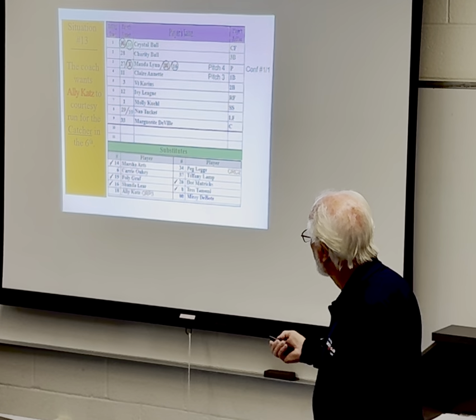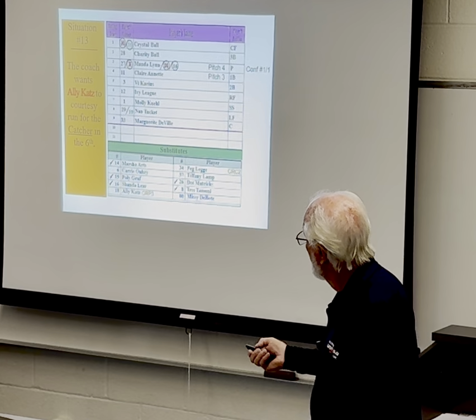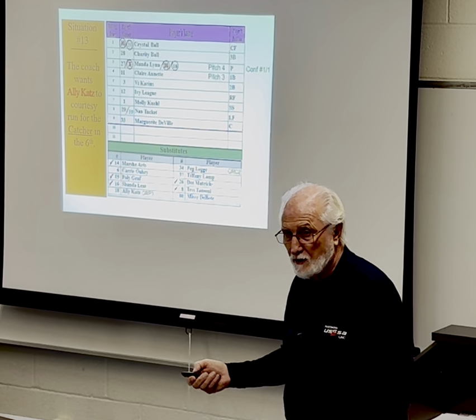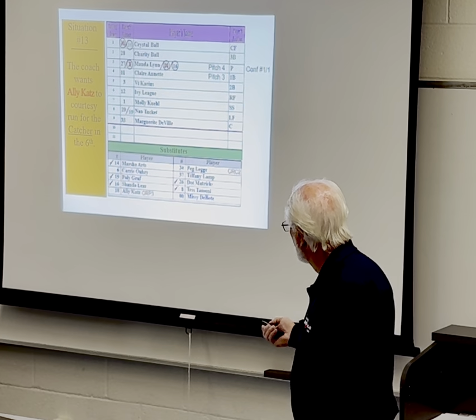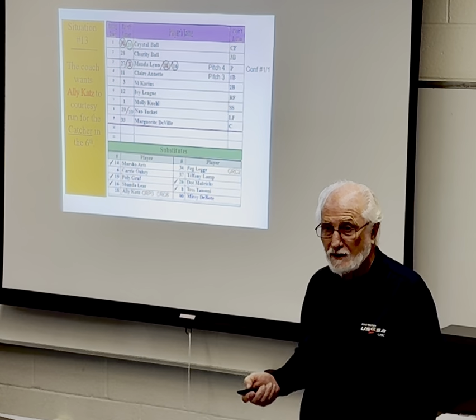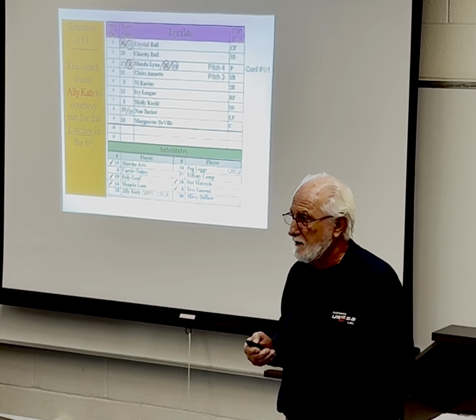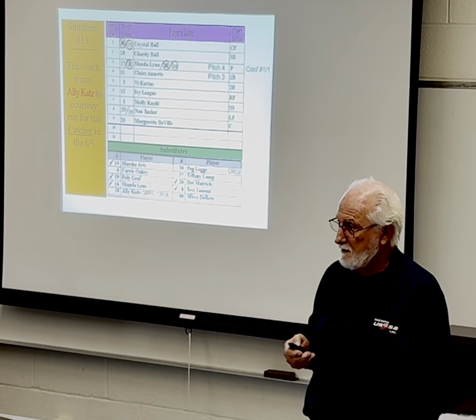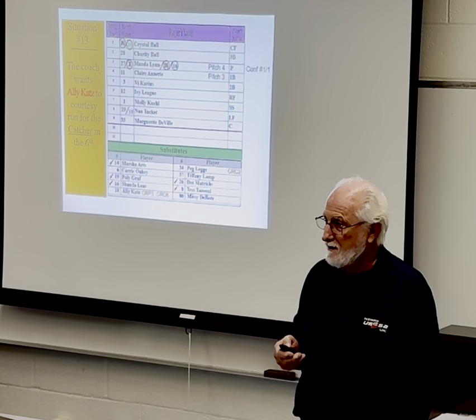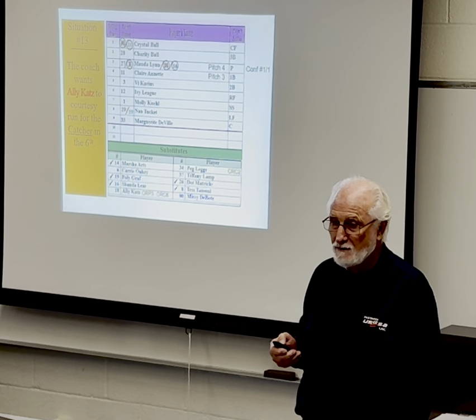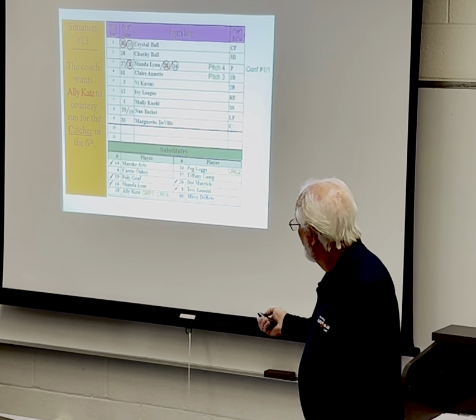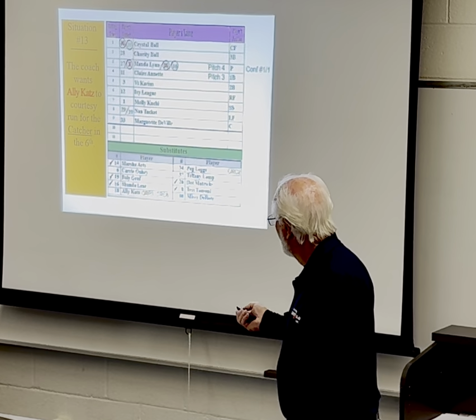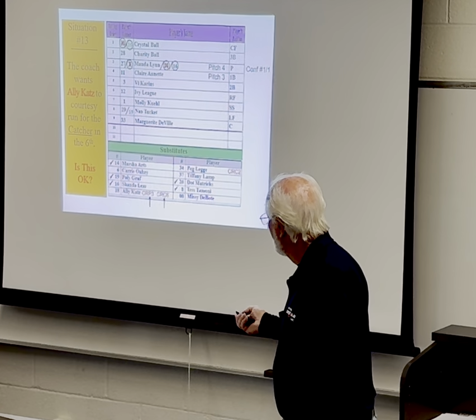All right, now the coach wants Ellie Katz to courtesy run for the catcher in the 6th. So now we do this. Is that allowed? Yes, no? All right, well, different innings. I'll tell you the answer. Is this okay?